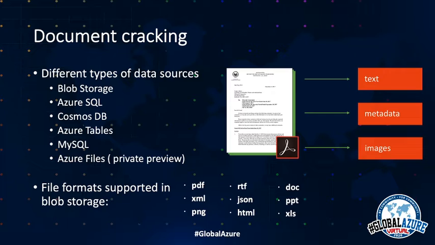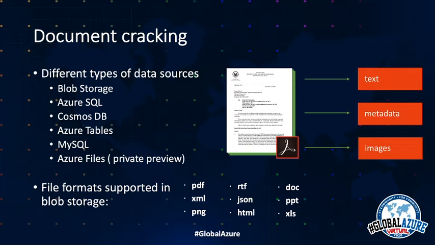Which formats are supported by the document cracking process? There are PDF files, XML, PNG, PPT, HTML, JSON, rich text format documents, Excel files. Those are the file formats supported by blob storage.